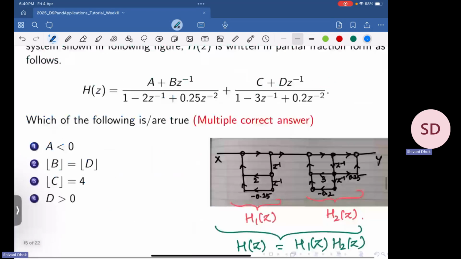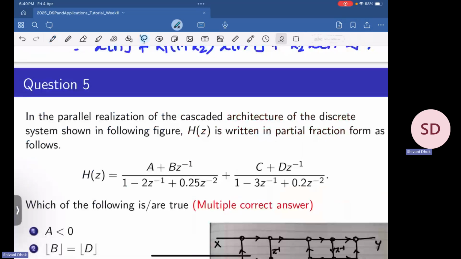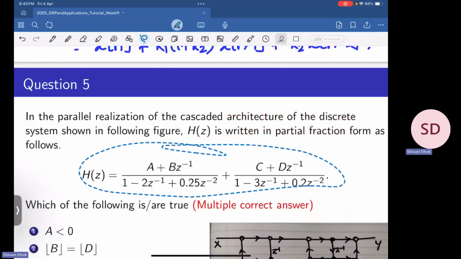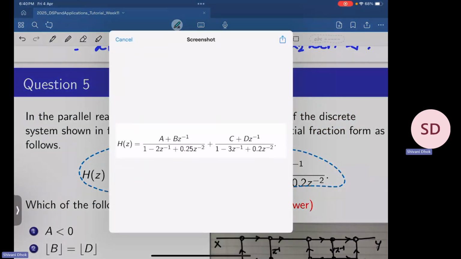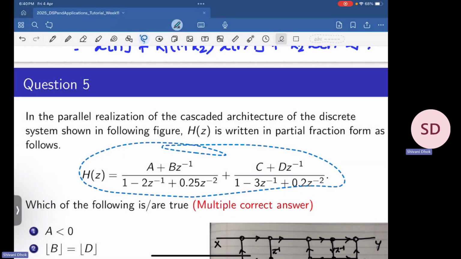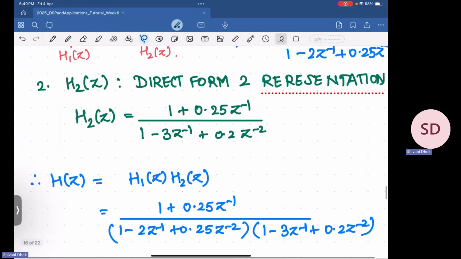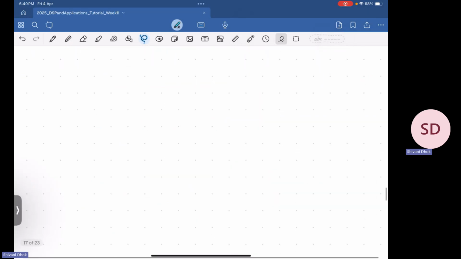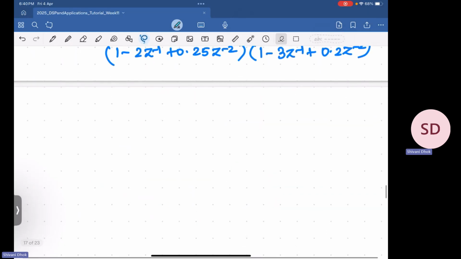And this h of z is equal to the h of z that is given to us. Let me take a screenshot of this and copy.